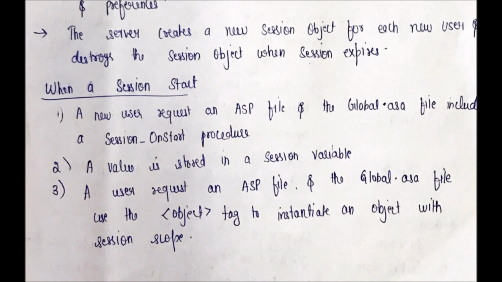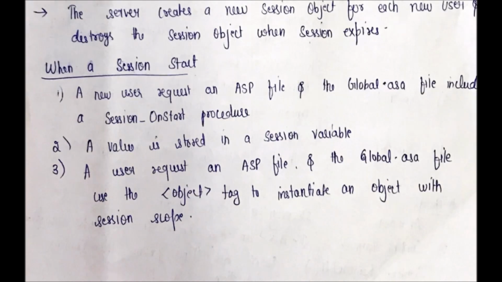There are three situations in which a session is considered started. First, a new user requests an ASP file and the global.asa file includes a Session_OnStart procedure. Second, a value is stored in a session variable. Third, a user requests an ASP file and the global.asa file uses the object tag to instantiate an object with session scope.